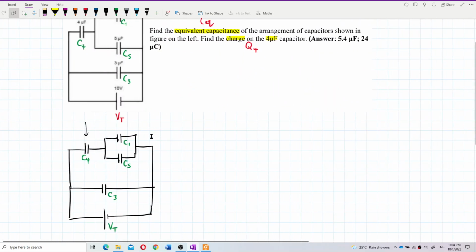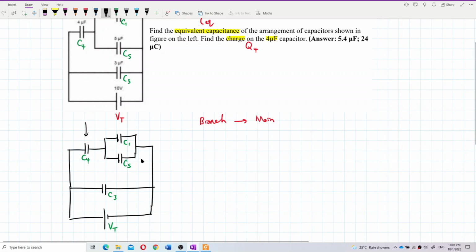Remember, always work from the branch and go to the main circuit. C1 and C5 is our branch, so work from here and combine this.